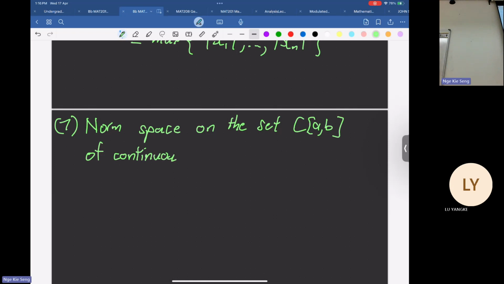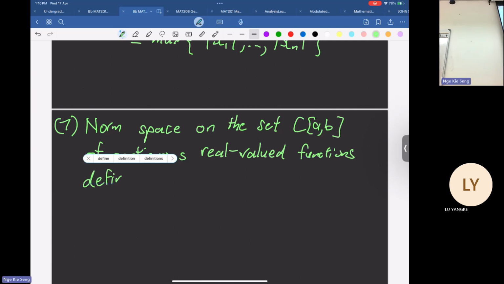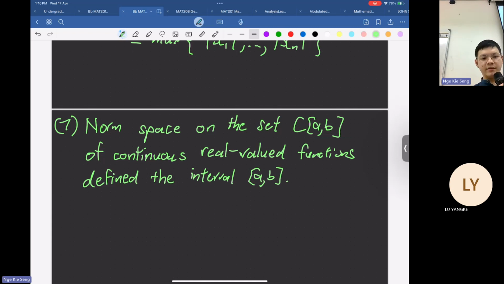This is the subject in calculus 1 and 2. That's real valued functions defined on the closed interval [a, b]. So what kind of norm can we define here?